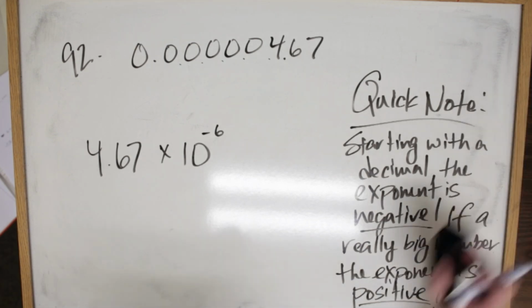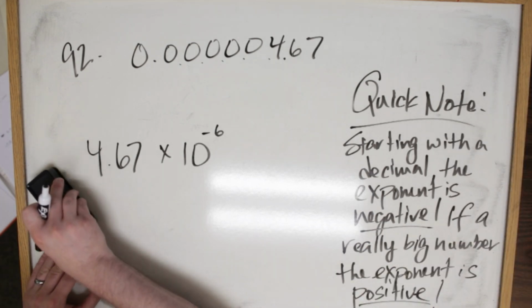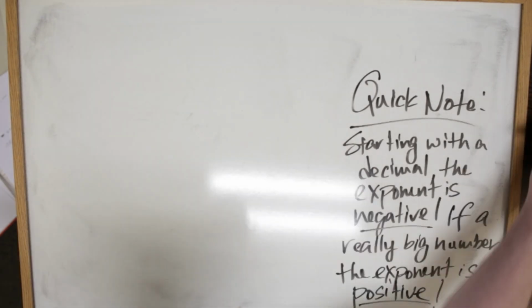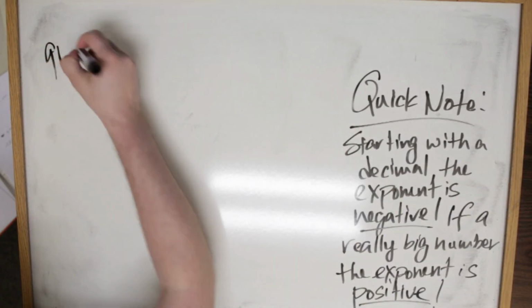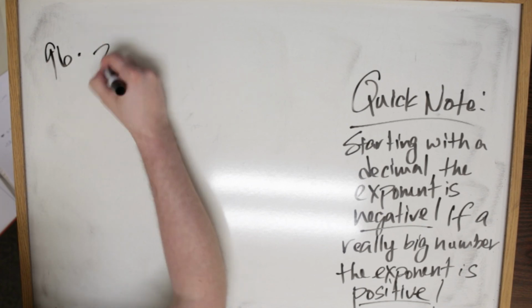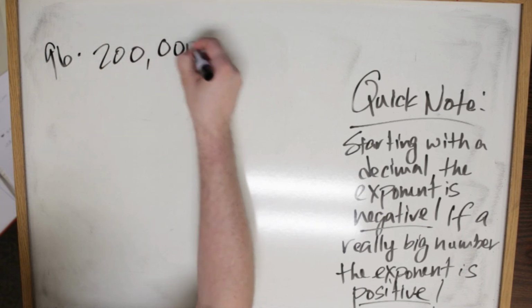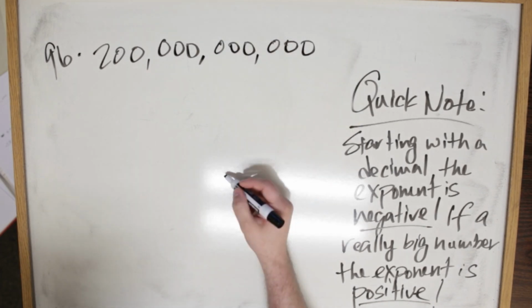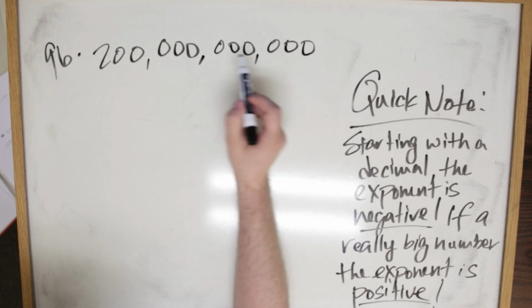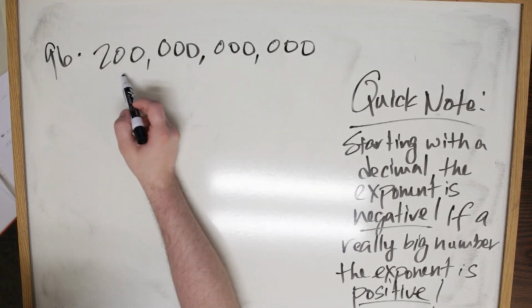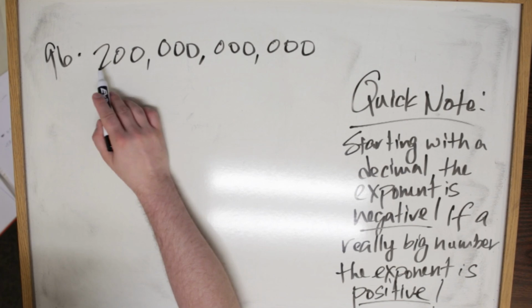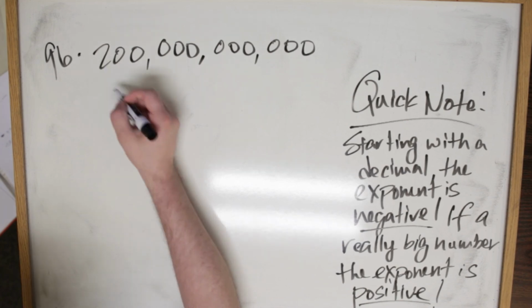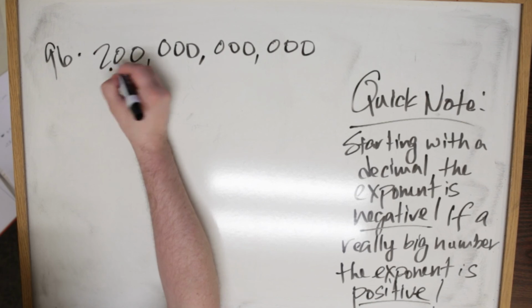Now, if I do the opposite, let's look at 96. A lot of times people make scientific notation a lot more complicated than it has to be. Does anybody know what this number is? Hundreds, thousands, millions, billions. 200 billion. So the number between 1 and 10, in this case, is going to be 2, which means the decimal place is going to go here.